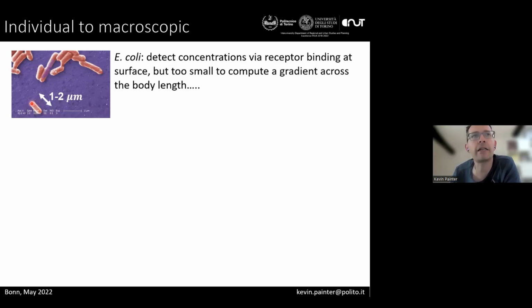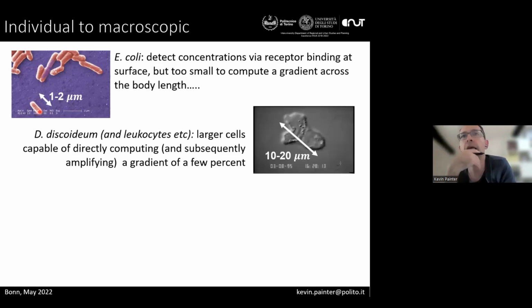At that length scale, they're too small to detect an actual gradient of a chemical across their body length, with very small fluctuations in the environment. You can't detect a concentration gradient at that scale, so they simply respond to the concentration that they observe.